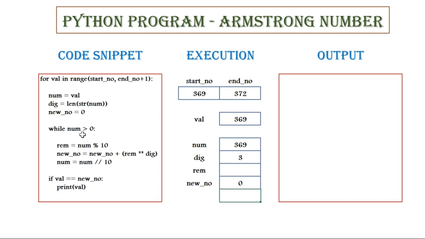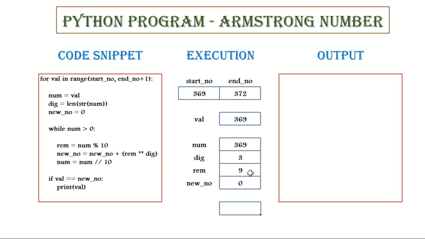While num greater than 0, remainder equal to num modulus 10. So remainder is going to be 369 modulus 10, which means it is going to hold the value of 9. New number equal to new number plus remainder double asterisk digits, which means remainder to the power of 3.